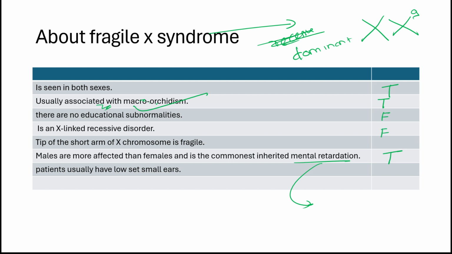False. It's X-linked dominant disorder. Tip of the short arm of X chromosome is fragile. Now it's the long arm that is involved. This is false. Patients usually have a low set of small ears. No, in fact it is large ears. False.